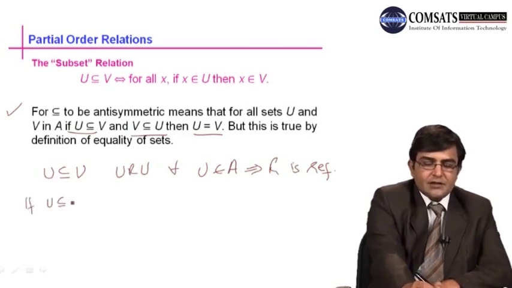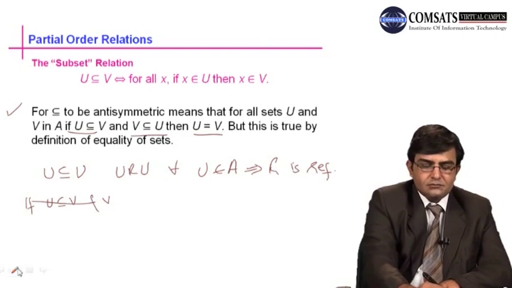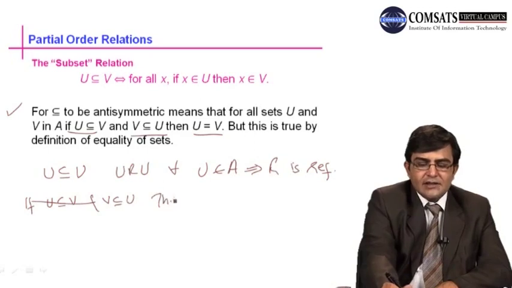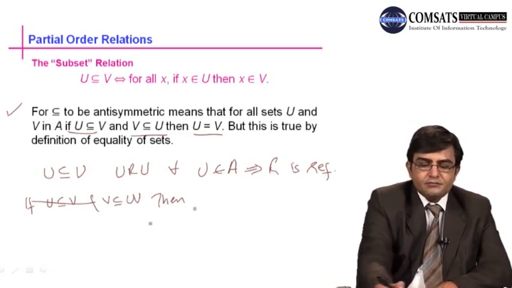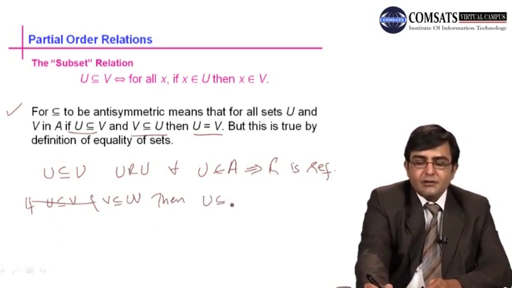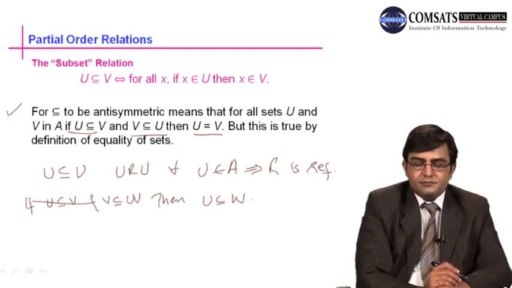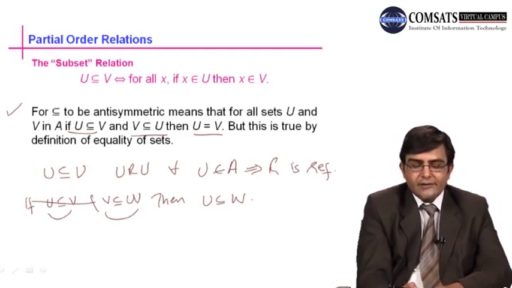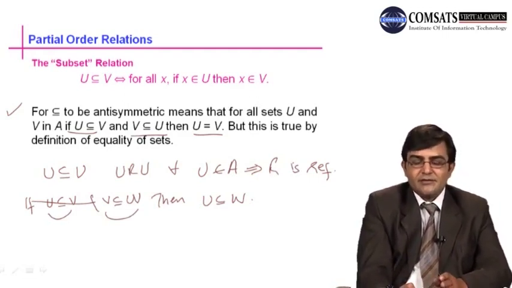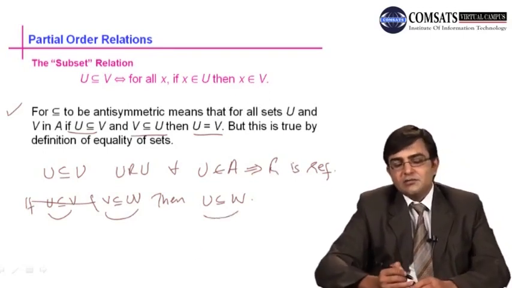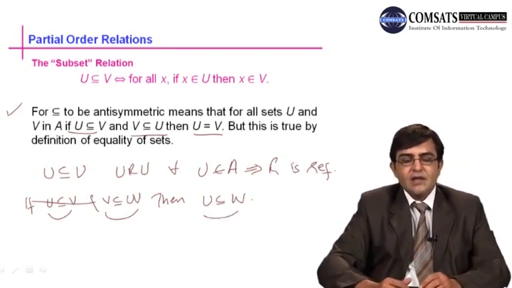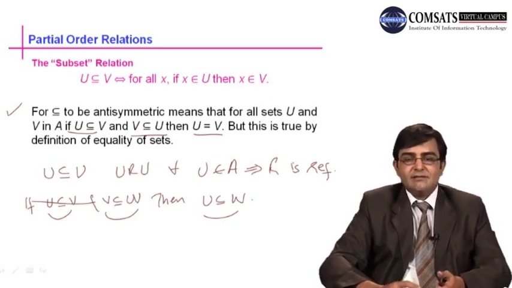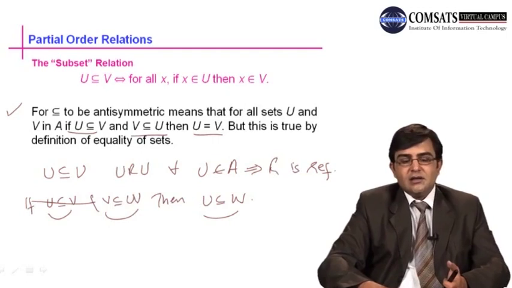For that, if U is a subset of V and V is a subset of W, then we have to prove that U is a subset of W. By the transitive property of sets, obviously U is a subset of W. Therefore this relation is transitive, and we can say that it is reflexive, antisymmetric and transitive.